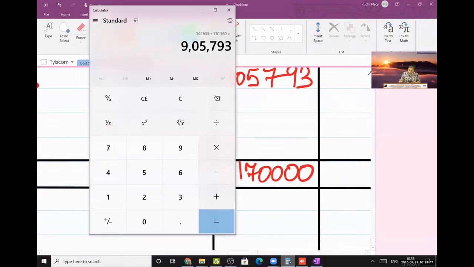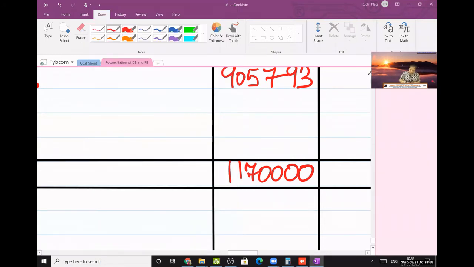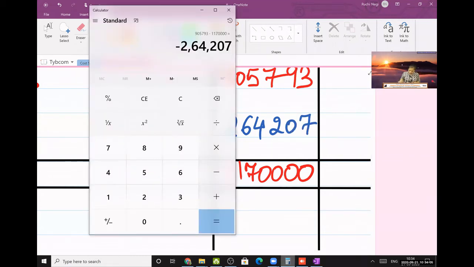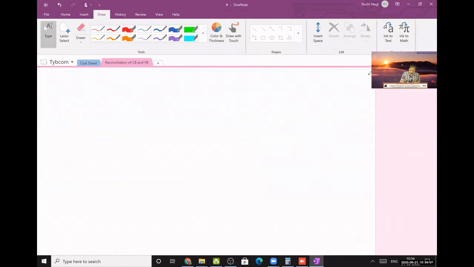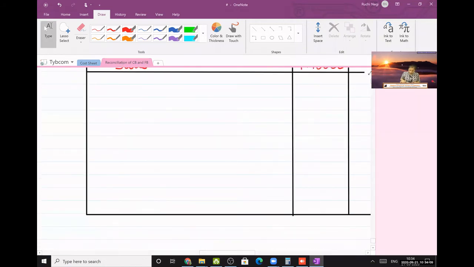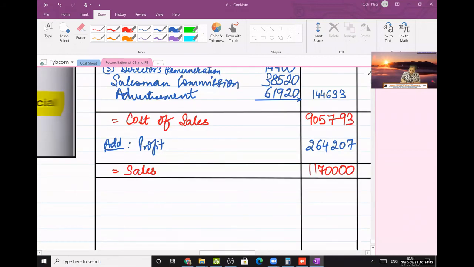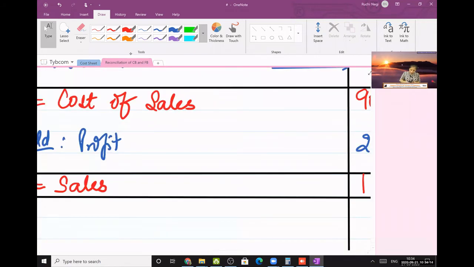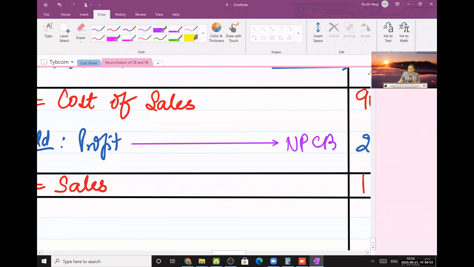Whatever is the difference is my profit, 2,64,207. So this is net profit as per cost books.